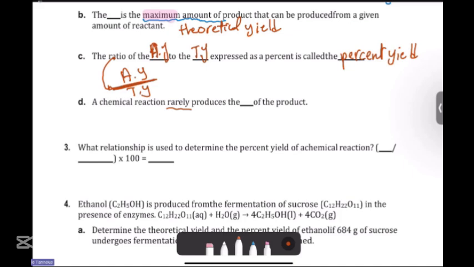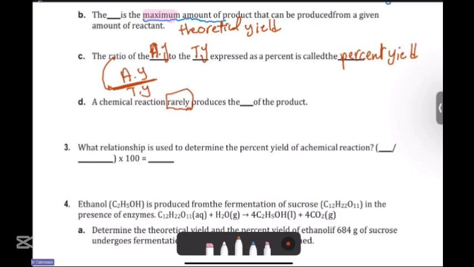If, for example, I'm expecting 9 grams of product, I can get 7 grams. Amazing if I get 8.9, which is impossible because there is no reaction that can give you this high efficiency. That's why we're saying rarely.